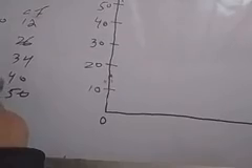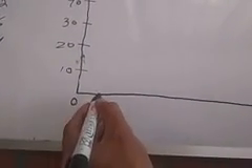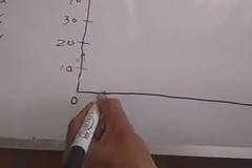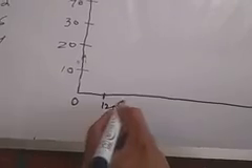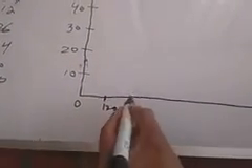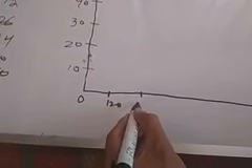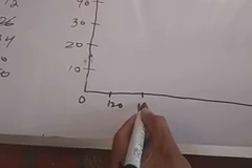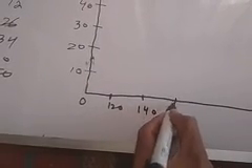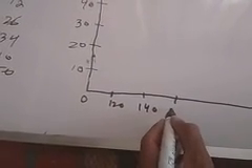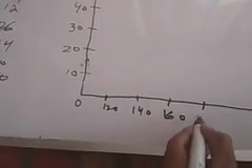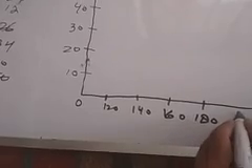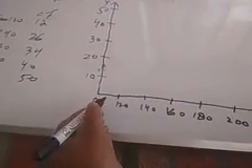Now for the less than type classes, I will draw 120. Suppose this mark is 120, and after that it is a gap of 20, 20. So one interval is equal to 20: 140, 160, 180, and after that 200.